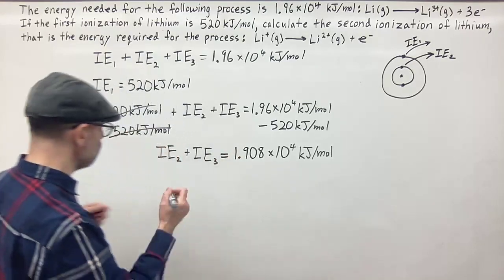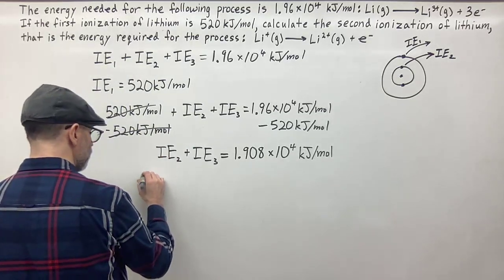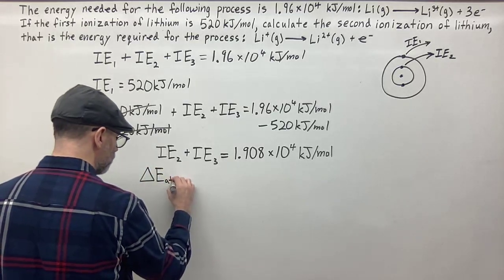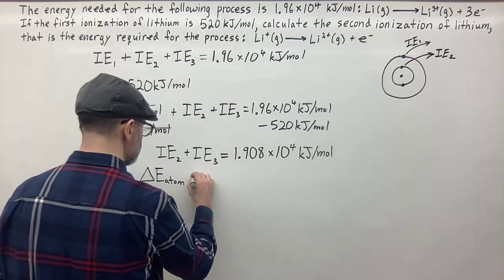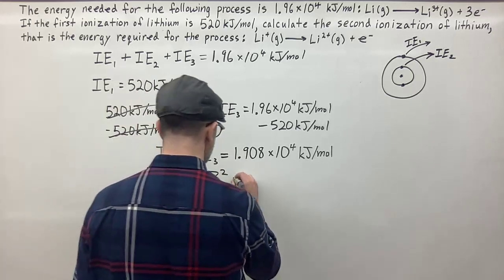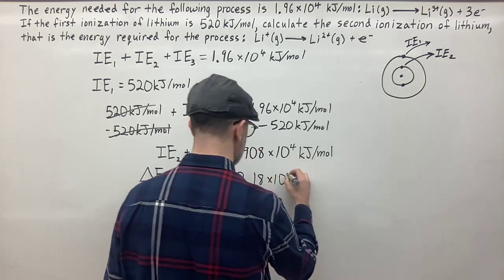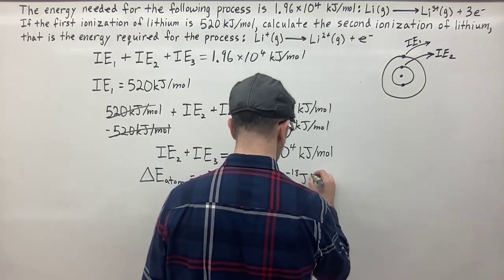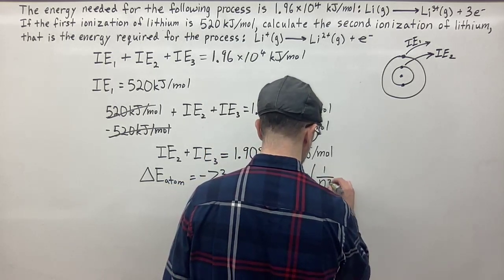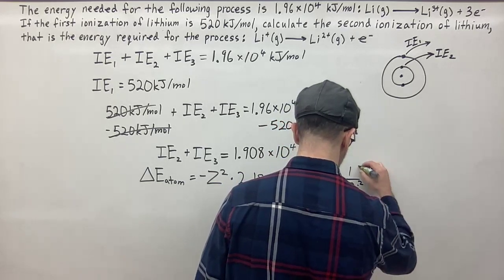What is that equation? Well, it's not the Rydberg equation, but it's a derivative of that. The change in the energy of the atom is equal to negative Z squared times 2.18 times 10 to the negative 18 joules multiplied by 1 over NF squared minus 1 over NI squared.